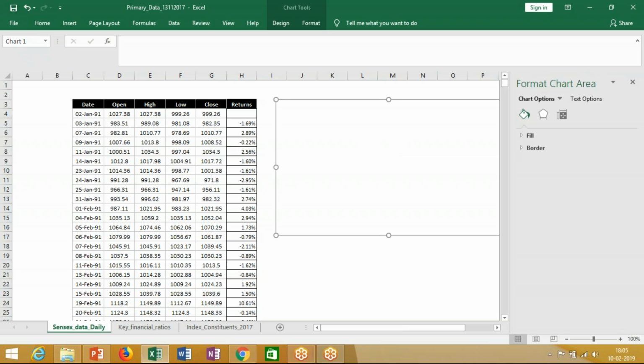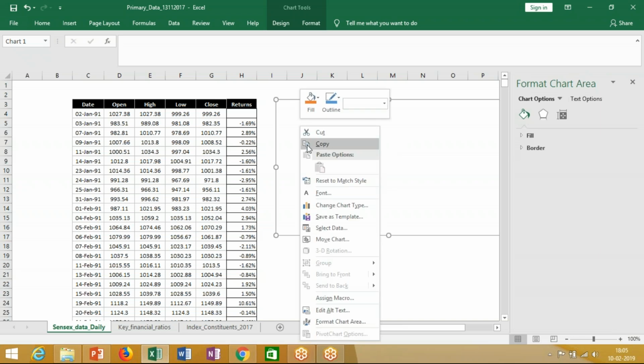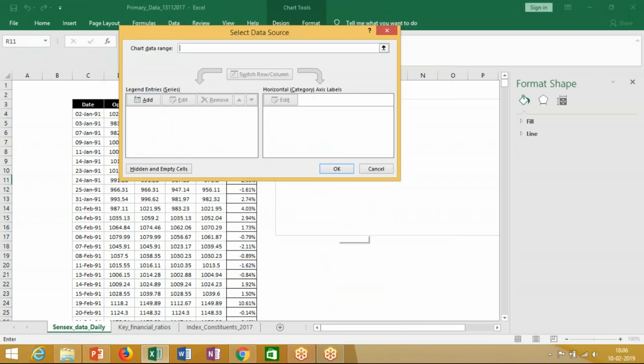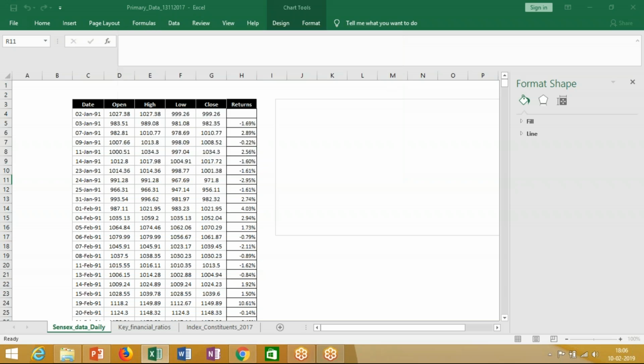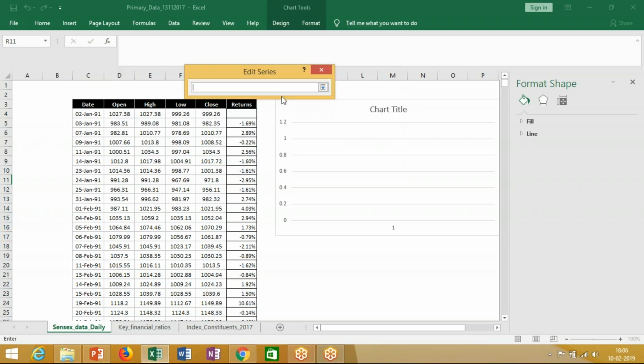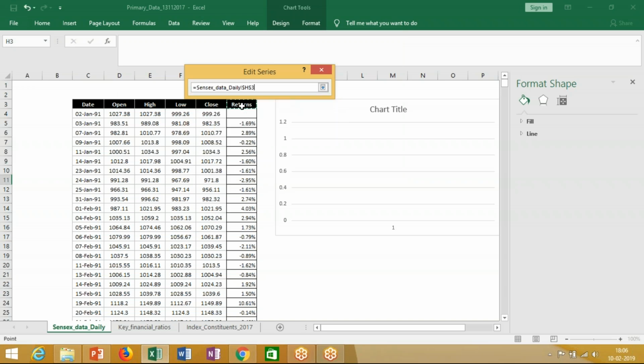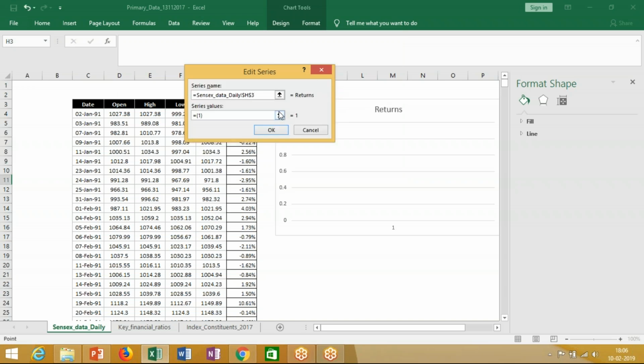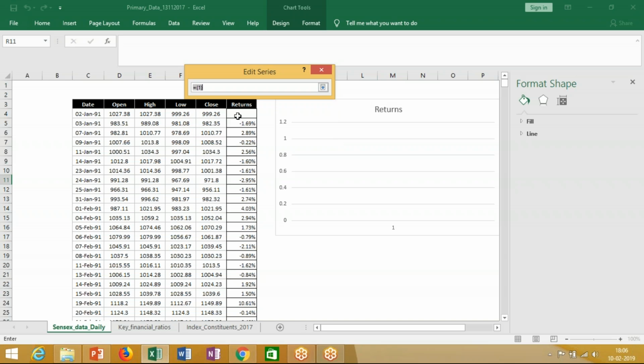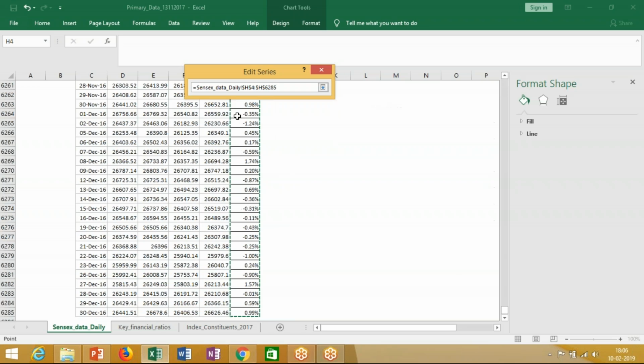Fine. So I have the select data, returns. So just let me plot this.